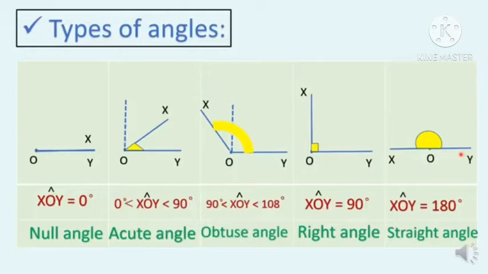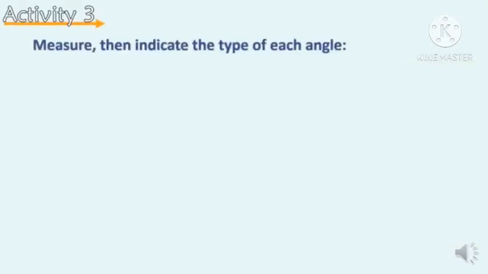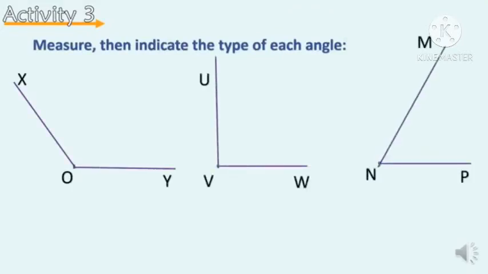Okay, now let's review how can we measure an angle and identify its type. We want to measure the angle and identify its type. We said we measure it using the protractor.